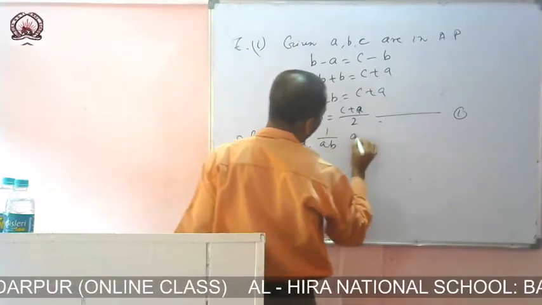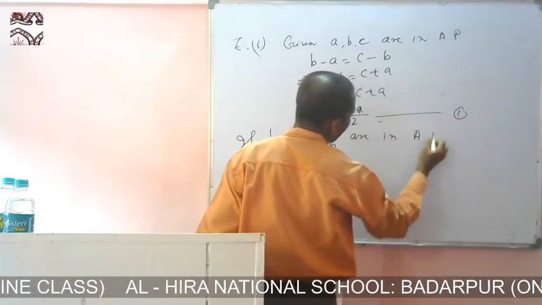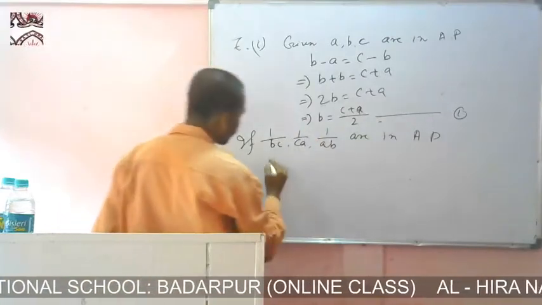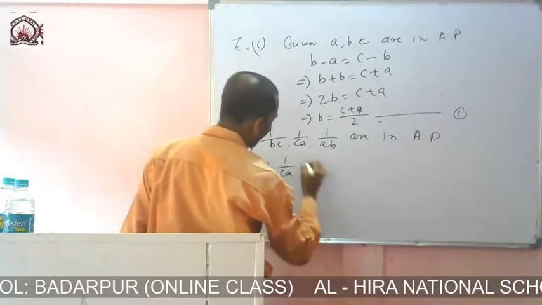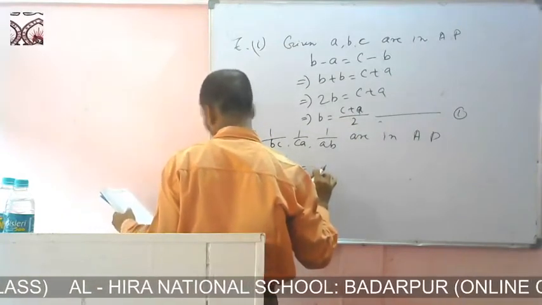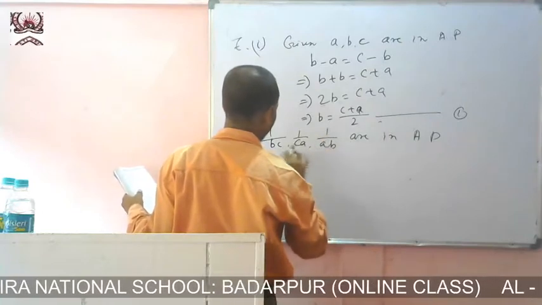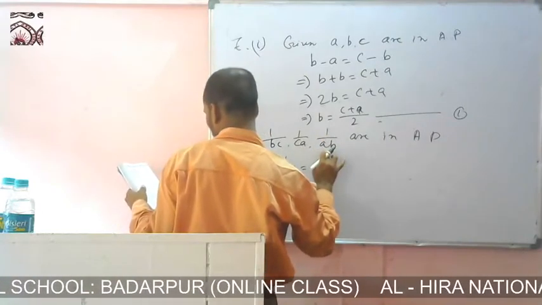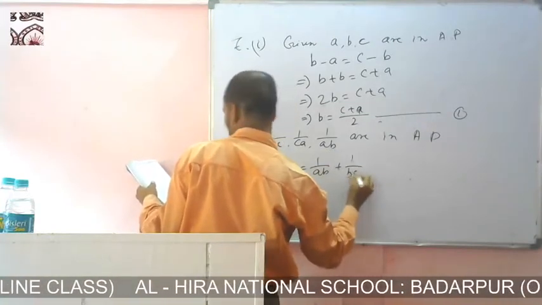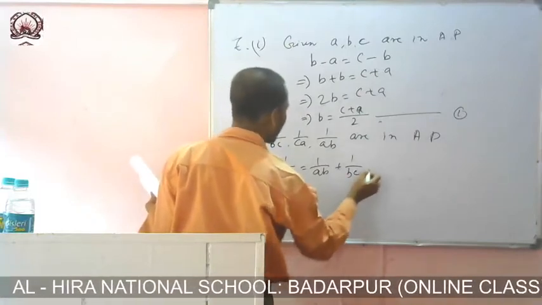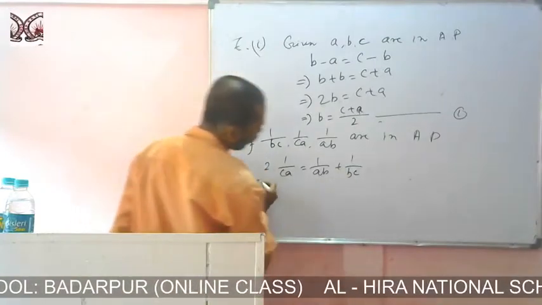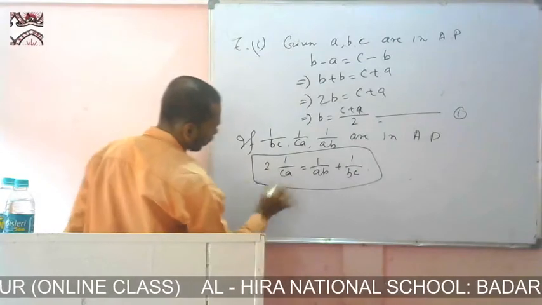So 2 into 1 by CA must be equal to the sum of the last term, 1 by AB, and the first term, 1 by BC. This condition must arise, so we have to prove this condition.